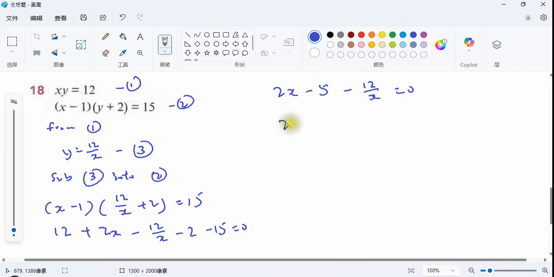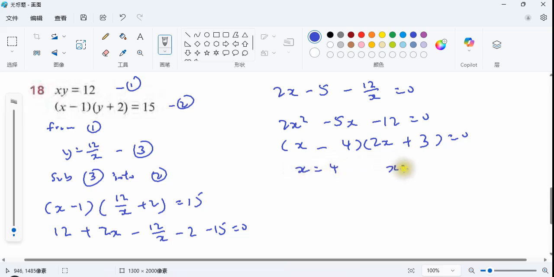Multiply with x, then it will become 2x squared minus 5x minus 12 equal to 0. And we do the factorization, we have x and 2x, and then 4 times 3 is 12, and then minus 8 plus 3 is negative 5. So x equal to 4 and x equal to negative 3 over 2, which is negative 1.5.